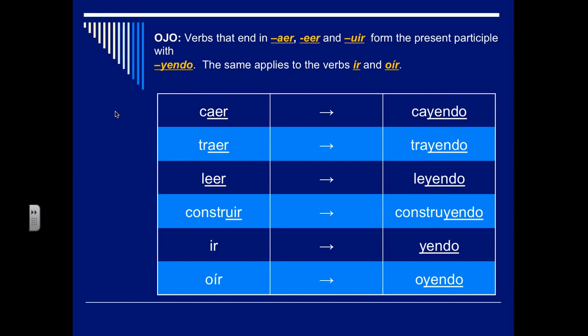What I would like you to do is write the participle in that box. Then, there are 10 verbs that change from E to I. So go ahead and write those participles to the verbos. Then you only have 2 verbs that change from O to U for the participle. Add those verbs. And then you have 4 verbs that end in UIR.